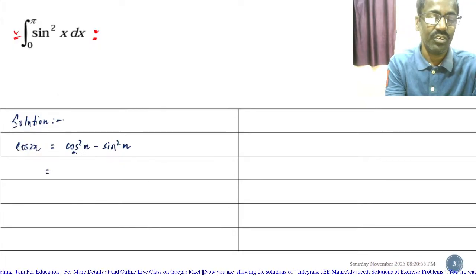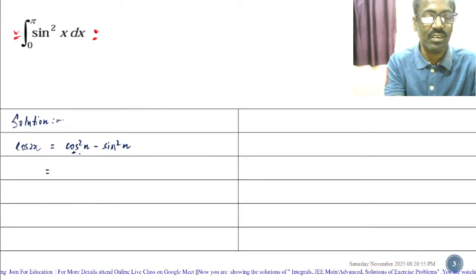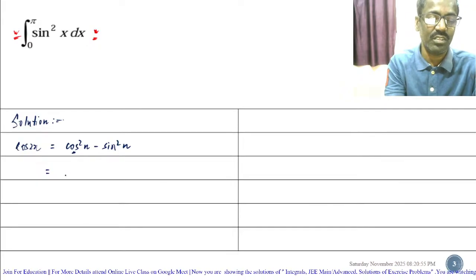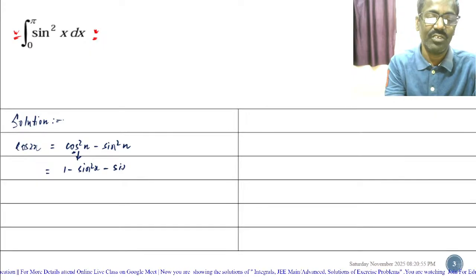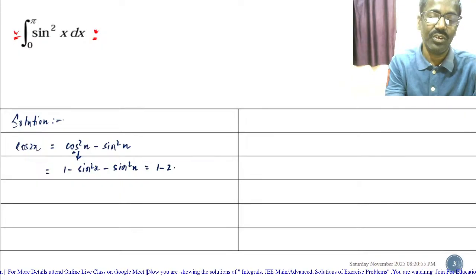So we know that cos square theta equals 1 minus sin square theta. Therefore, here will be 1 minus sin square x, minus sin square x. Then here will be 1 minus 2 sin square x.